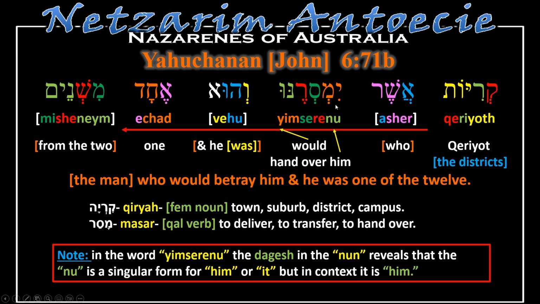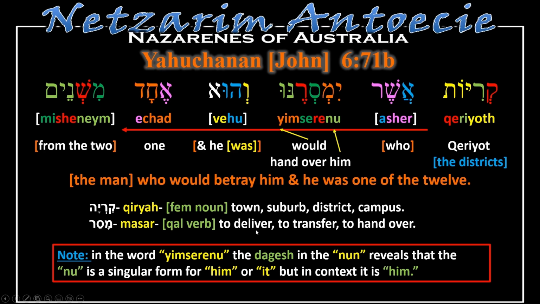Asher hu yim-serenu, would hand over him. So how do we get that? Let's have a look. I've got a note on the word yim-serenu. The dagesh in the nun reveals that the nu is a singular form for him or it, but in the context it is him. So we also have masar.